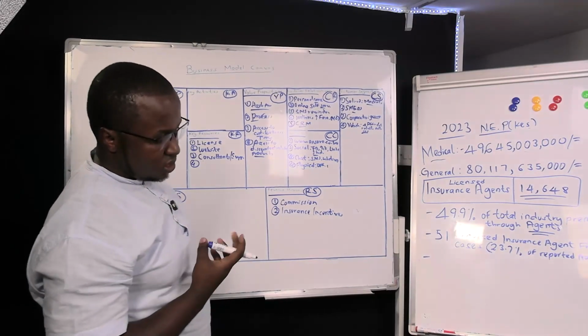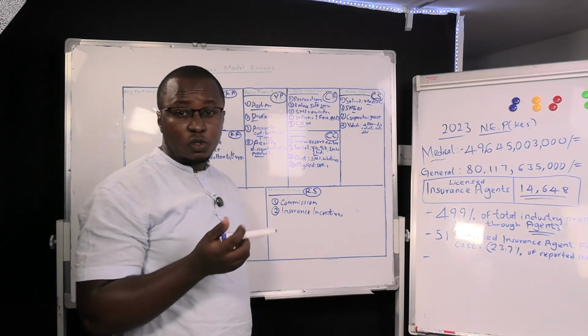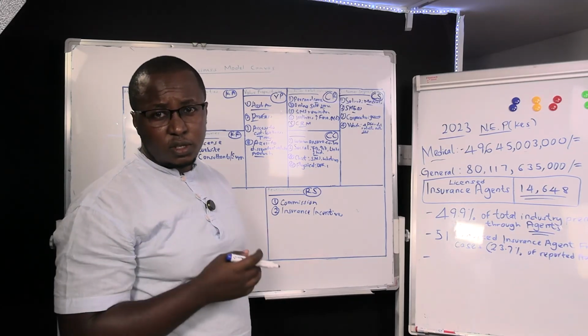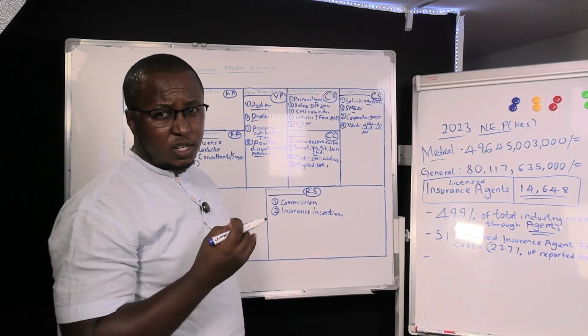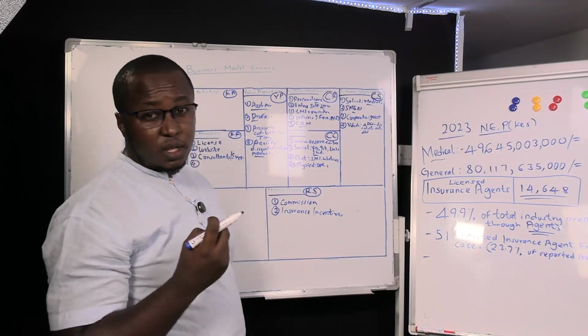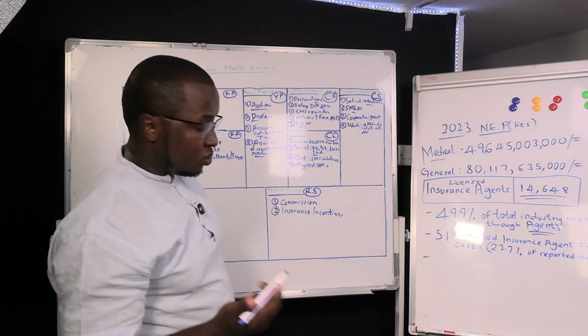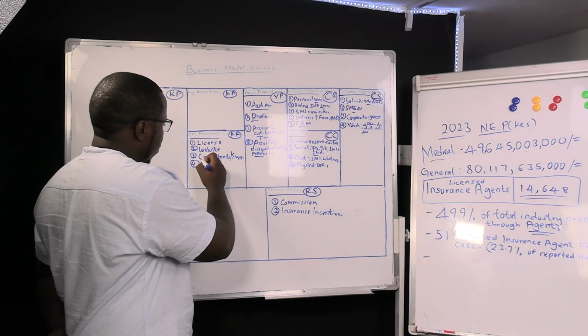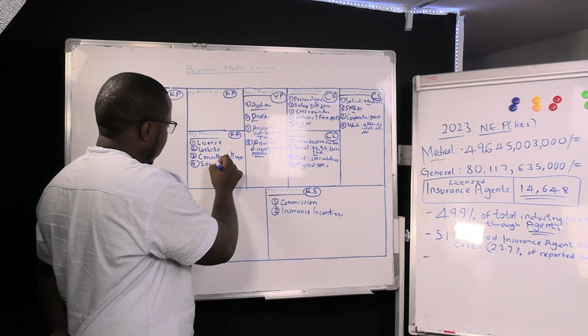So these are the individuals who will be able to provide personal assistance to these customers at any particular time, hence making them a key resource. Another key resource for us can be the social presence.